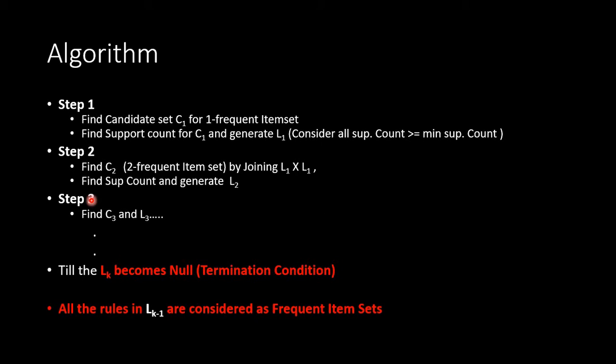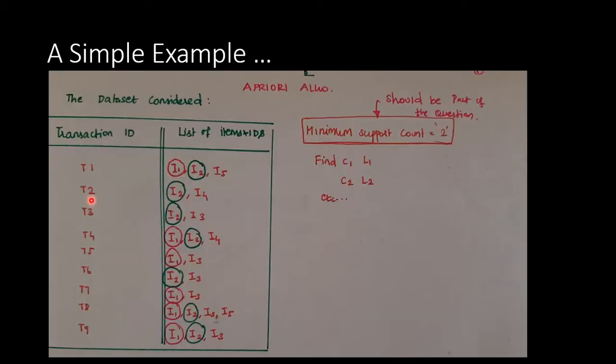So, we will understand this with an example right now, and I have crafted a very simple example by referring to many materials. This is a very simple question. It's easy to understand. There are data entries given for you, which have 9 transaction IDs, T1 to T9, and each of them has certain items connected to it.